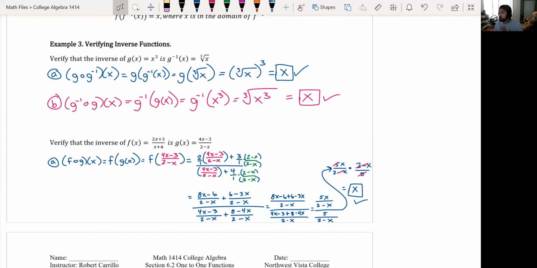Do g compose with f and see if you arrive at x. Me, I believe they're inverses of each other, but you shouldn't. You should check. So I leave it up to the viewer to compose g with f. And if you have questions over it, definitely ask in class. Okay, moving on.